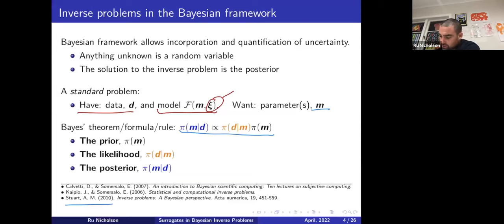And the likelihood gives us a way of incorporating that data. It's generally thought of as a function of the parameter once the data is actually measured. And then again, the posterior is what we're actually after, right? So that's the conditional distribution of the parameter given the data.